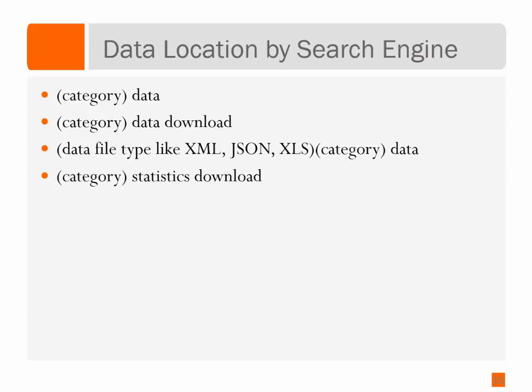You could also put in a phrase of data file type like, and then put in one of these file format types, your favorite category, six-toed cats, and then data. So the whole phrase might be data file type like XML, six-toed cats data, or data file type like JSON, six-toed cats data.